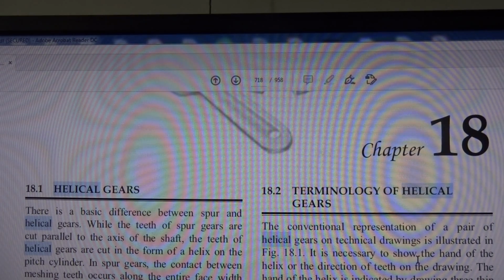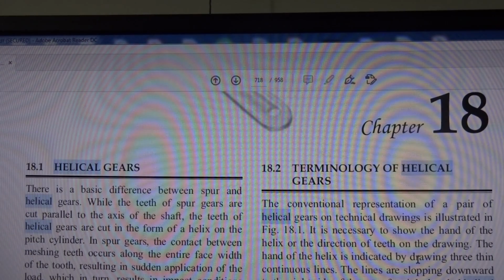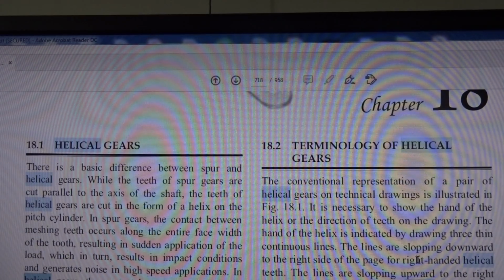Already it is explained in the introduction lecture where the spur gear has been discussed, but now briefly I will again discuss the helical gear. In this helical gear, the teeth are inclined to the axis of the shaft.